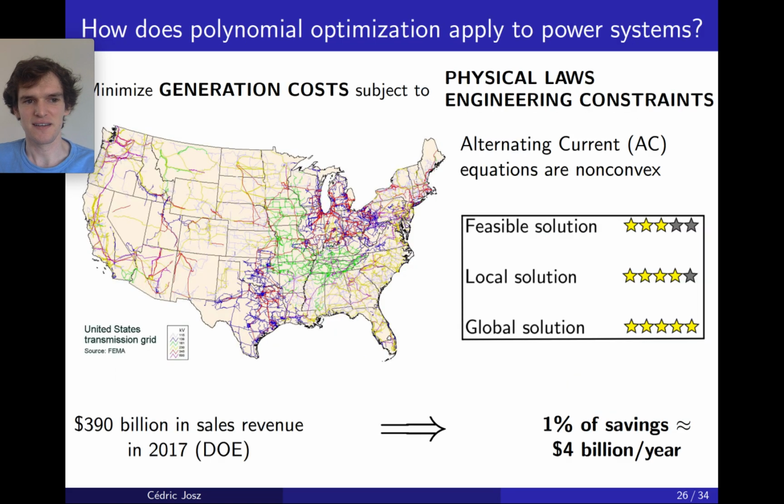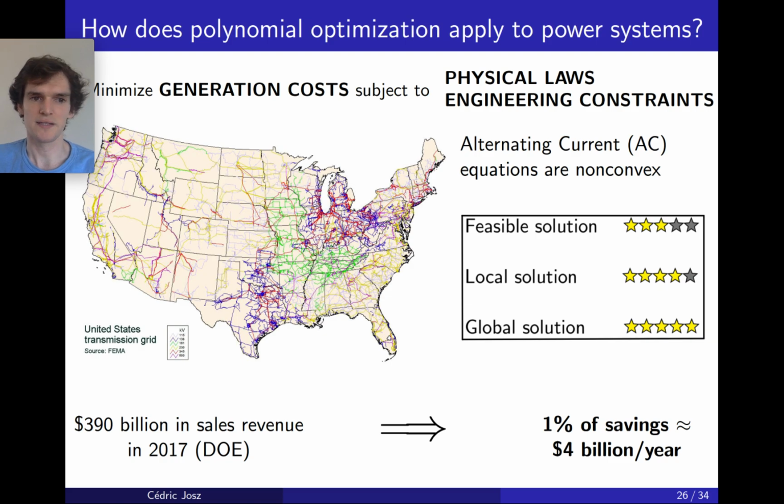So speaking of applications, how does polynomial optimization apply, for instance, to power systems? Here we're interested in minimizing generation costs subject to physical laws. Those are basically the Kirchhoff law and the Ohm law. And then we also have engineering constraints. The voltages have to lie within some margins for safety reasons.